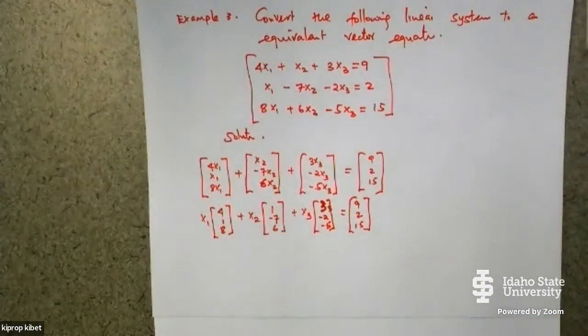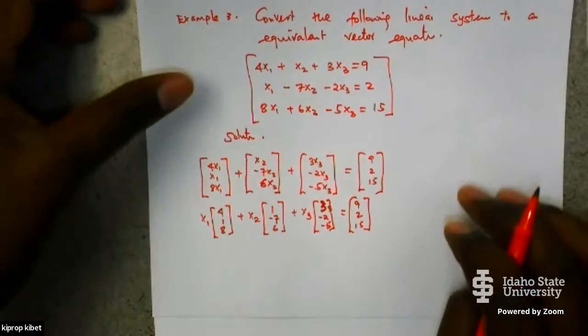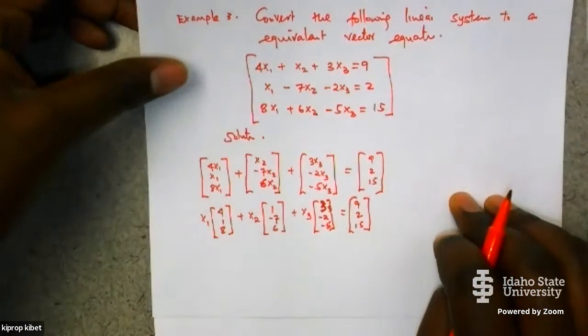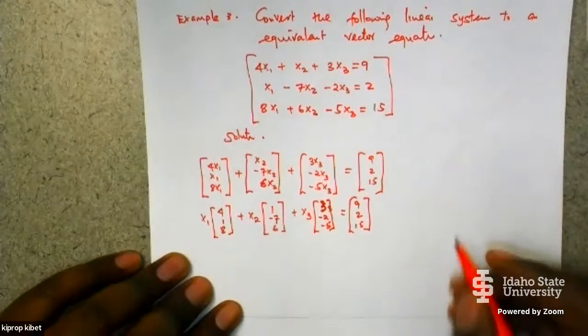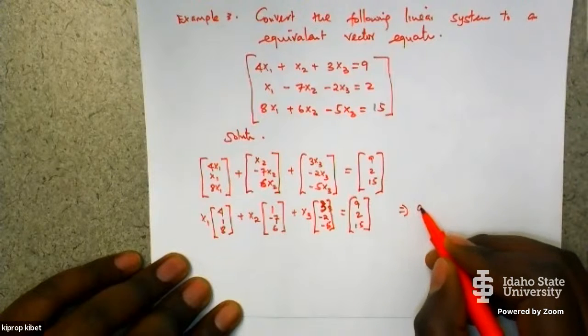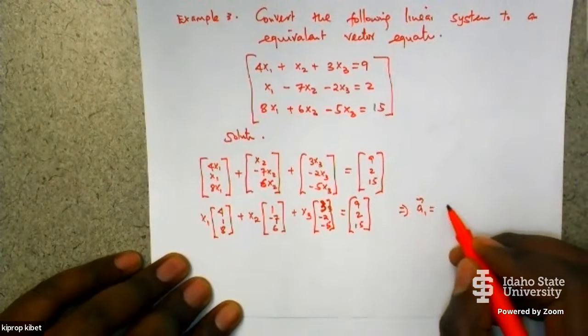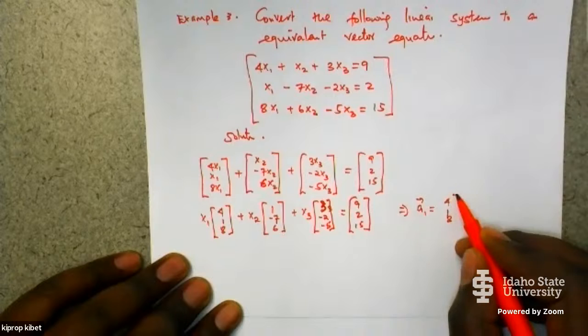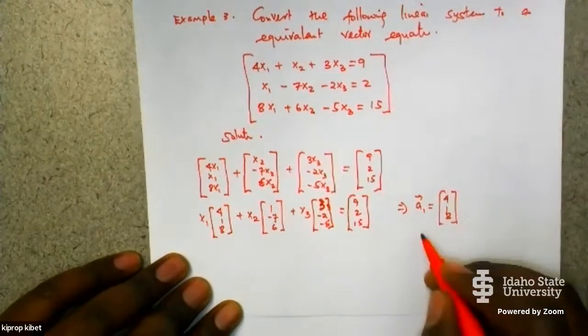Any question? So make sure you check the signs. Okay, now it means that A1 is equal to 4, 1, and 8. So the vector A1 is equal to that.